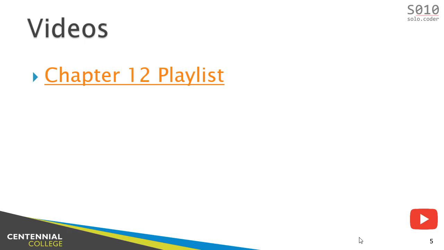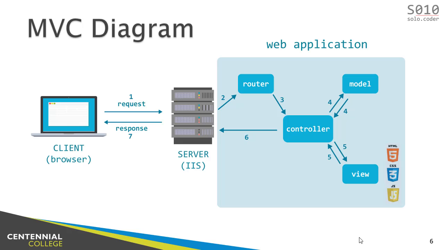You have the playlist as well. This PowerPoint is already uploaded on Centennial. The link is active there, so you can refer to the videos whenever necessary. And once again, we are back to our MVC diagram.